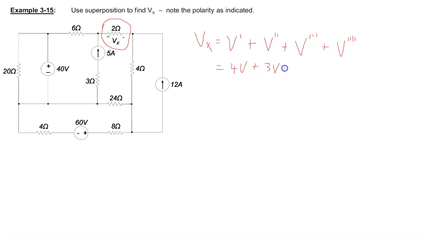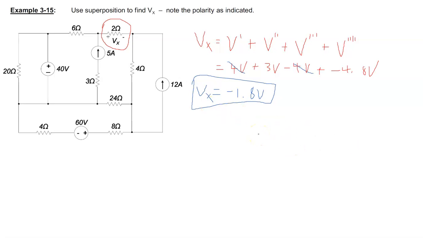For V triple prime, we had negative 4 volts. And for V4 prime, we had negative 4.8 volts. And so conveniently, the plus 4 cancels with the negative 4, and so we're left with 3 minus 4.8, negative 1.8 volts is Vx.